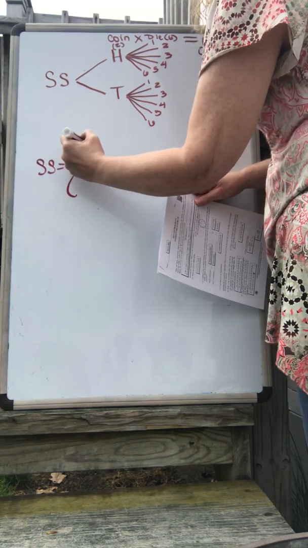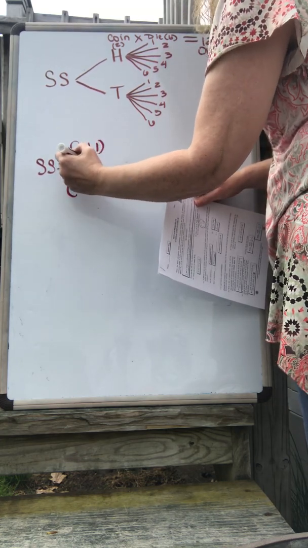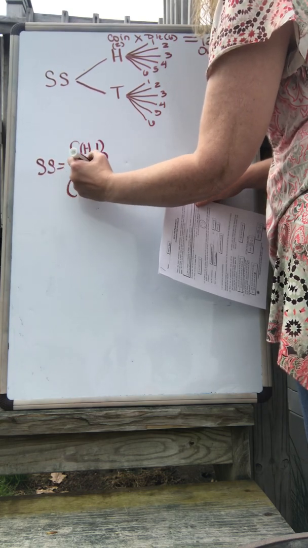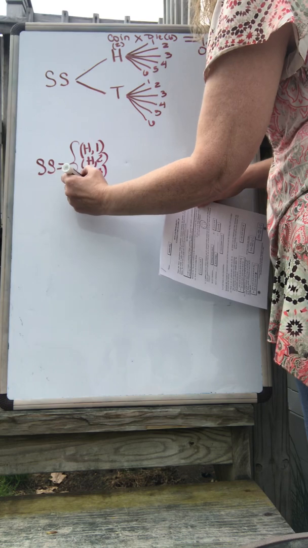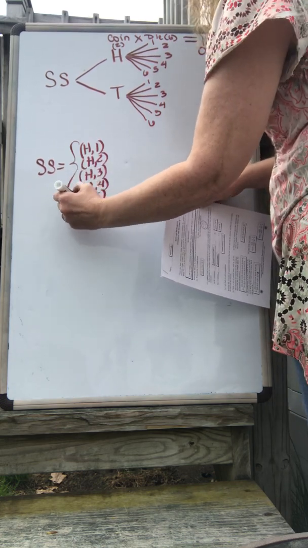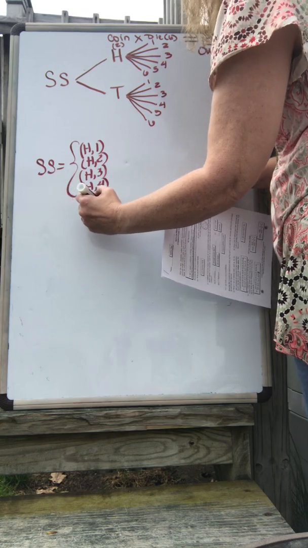You could have said, I got heads with tossing a 1, I got heads with tossing a 2, heads with a 3, heads with 4, heads with 5, and heads with 6.